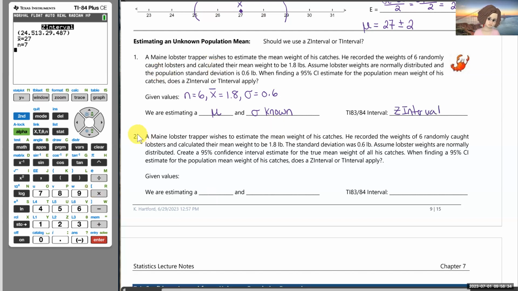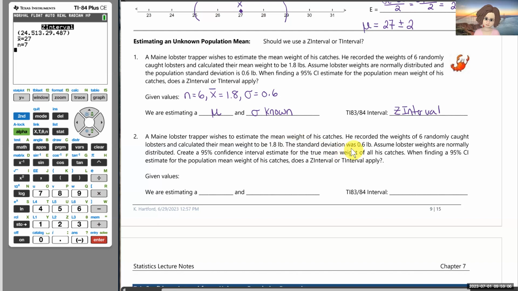All right, and then we'll compare that to number 2. So a Maine lobster trapper wishes to estimate the mean weight of his catches. He records the weights of 6 randomly caught lobsters and calculated their mean weight to be 1.8 pounds. The standard deviation was 0.6 pounds. So now that standard deviation was for those 6 lobsters. So again, just by the context here, reading the question, it doesn't say assume this is true for all lobsters.